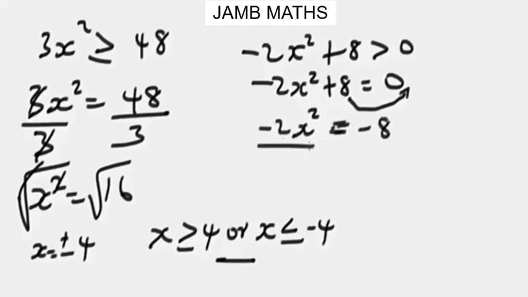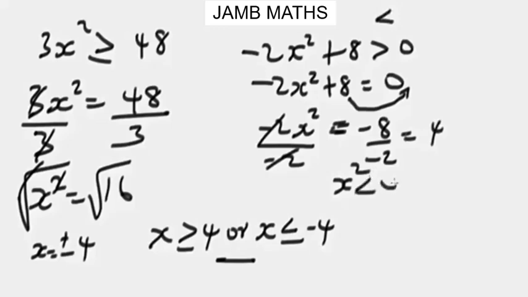Once you are done with this, divide both sides by minus 2. So that means x squared will now be minus 8 divided by minus 2, which gives us 4. That means this sign will change to less than, since we divided by a negative number. So we're going to have x squared is less than 4.